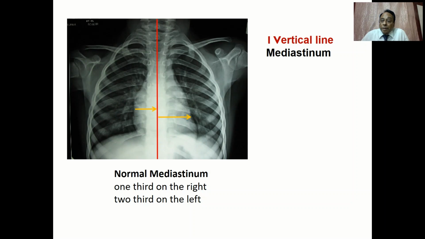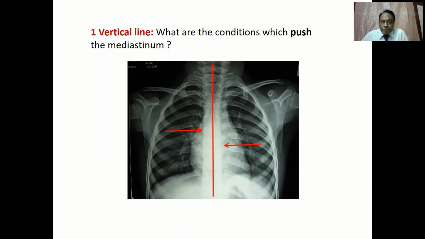That's the reason why I always insist the X-ray be taken without any rotation. I'll tell you about the rotation, how to take the film and how to identify rotation, in subsequent X-rays.